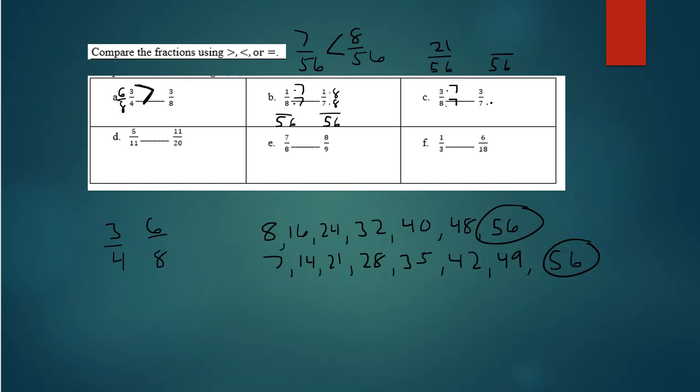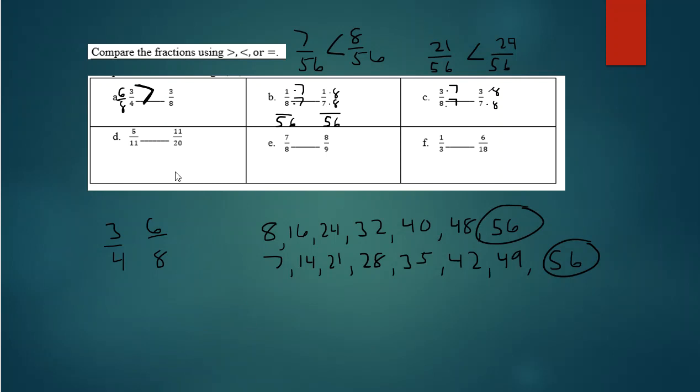To get from 7 to 56, we have to times by 8. 3 times 8 is 24. Okay? Now that they both have the same denominator, we can compare them. 21 out of 56 is less than 24 out of 56. Okay? 24 is greater, so notice the open mouth goes towards the 24. Okay, let's go ahead and look at D.